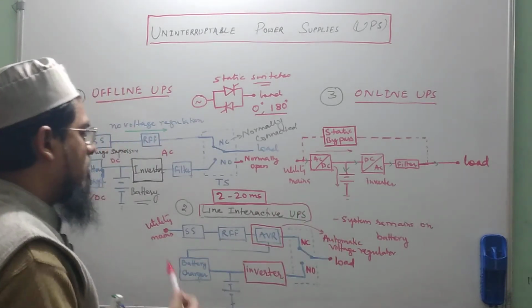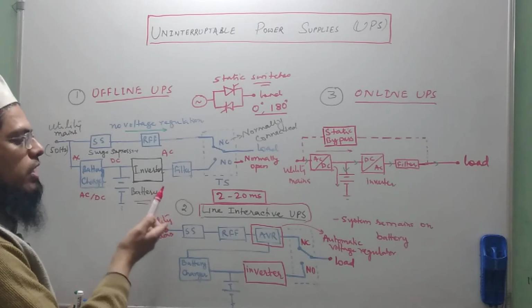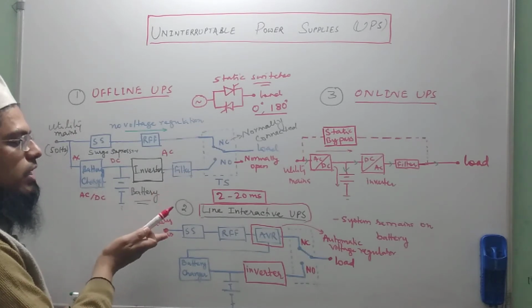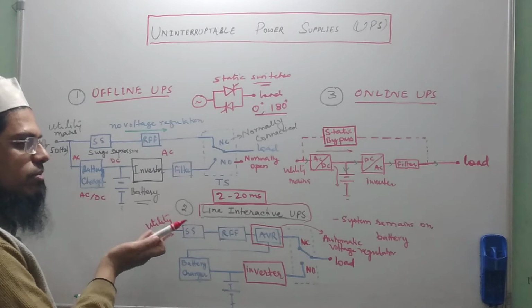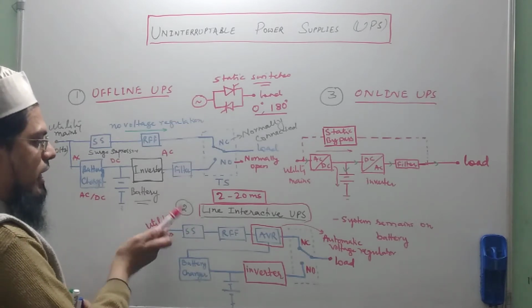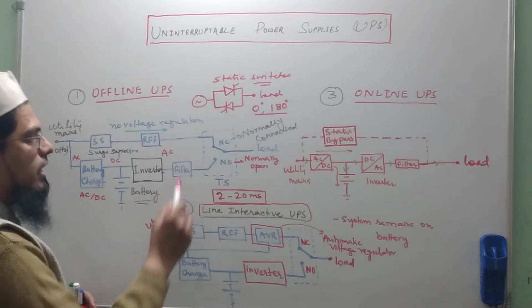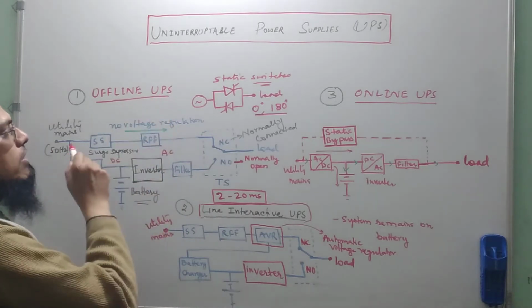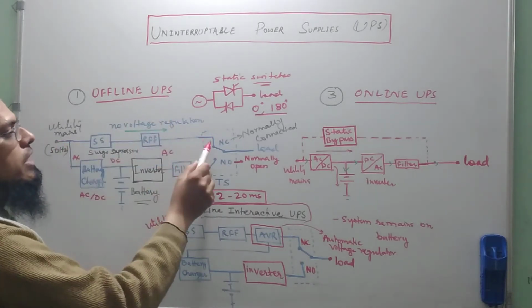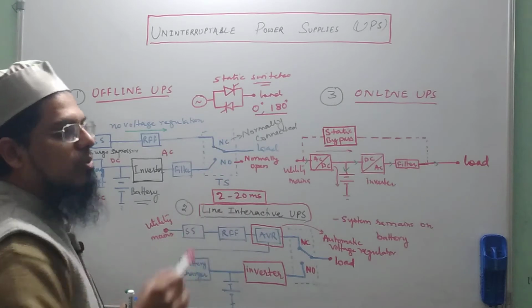Okay, so it may happen that there is a voltage dip, or the voltage gets increased because of some reason at this point. In this case, with the offline UPS, that will directly be translated and appear across the load.